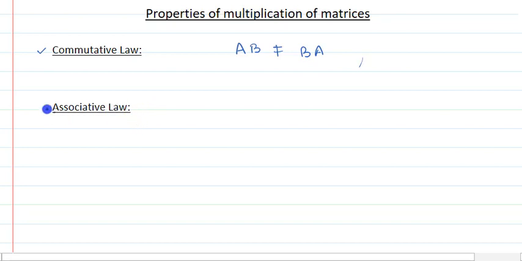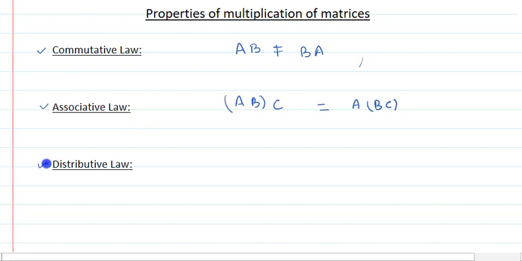Next is the associative law. The associative law states that A and B are multiplied first, then the resultant is multiplied by C, and A is multiplied by the resultant of first multiplying BC. These two are equal, meaning the associative law holds good for multiplication of matrices.